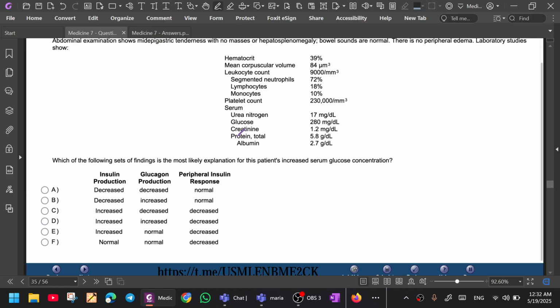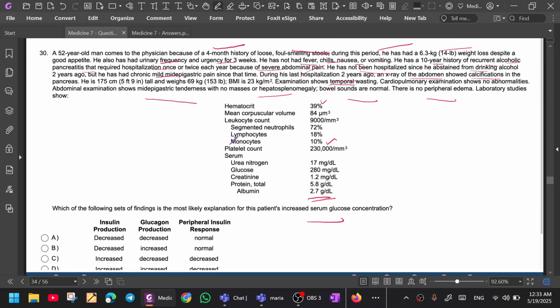One of the things I am thinking, maybe I don't know, is it glucagonoma? Glucagonoma makes you steatorrhea, diarrhea, diabetes. Isn't the glucagonoma the one that comes with some kind of rash?